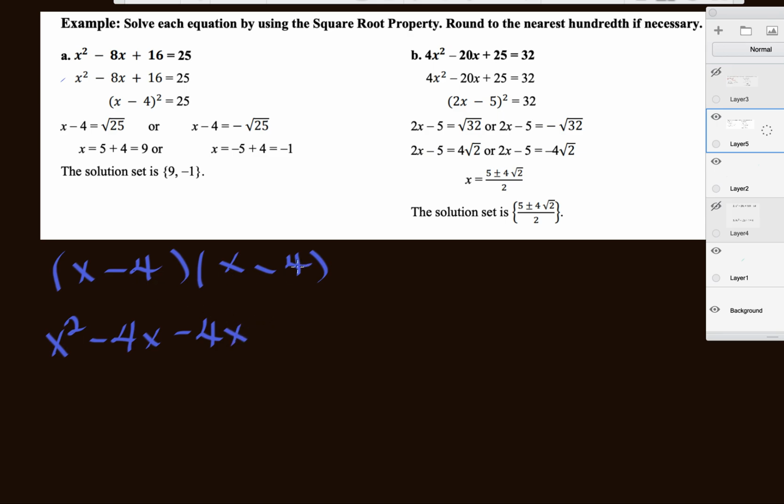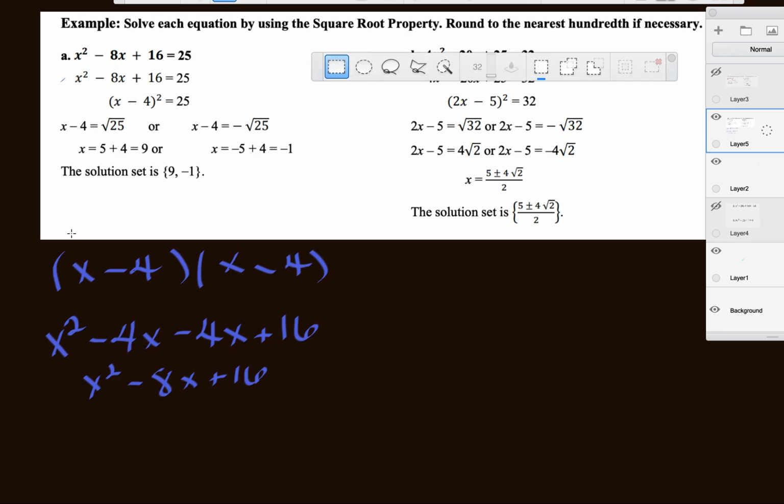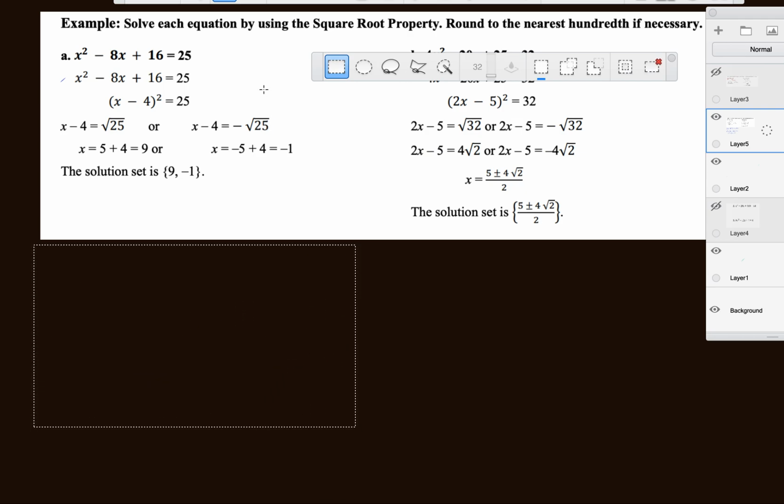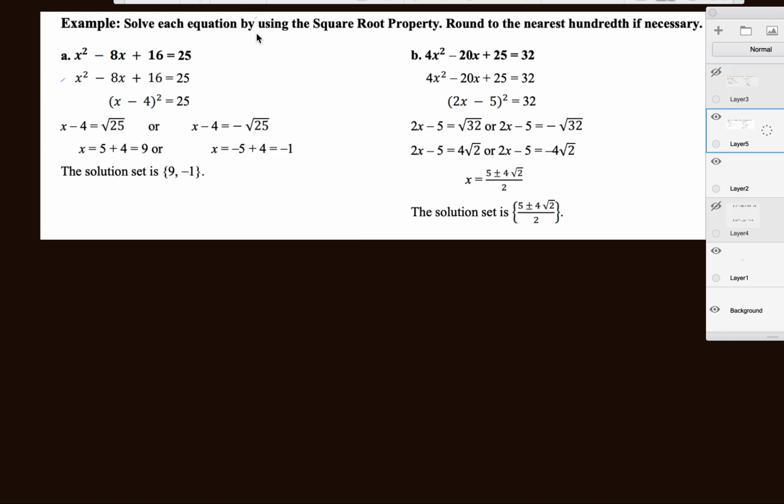And negative 4 times negative 4 is positive 16. If we put these two middle terms together, we get x squared minus 8x plus 16, back to where we started. So I think you can handle that.